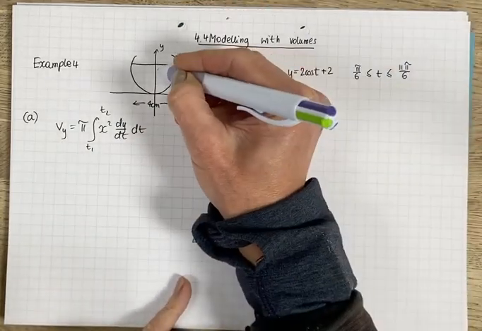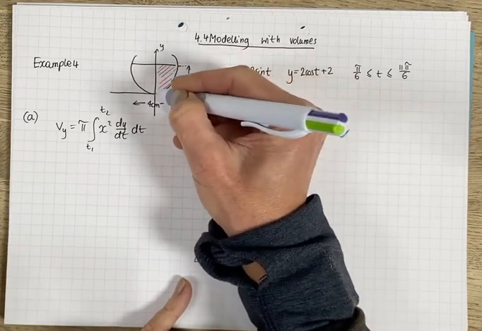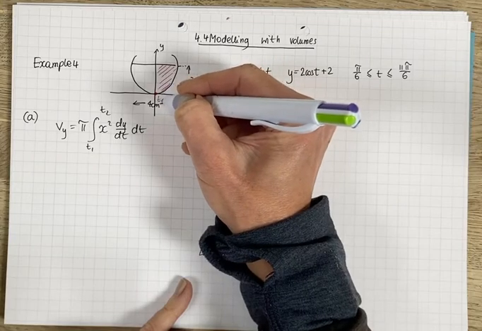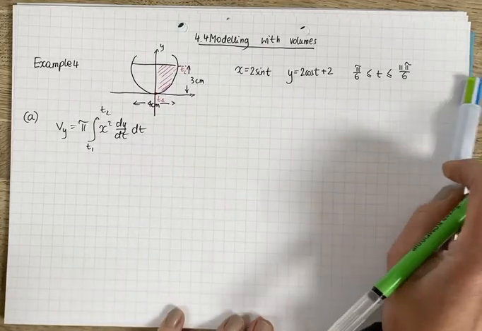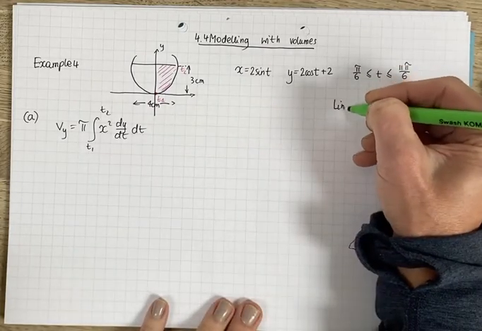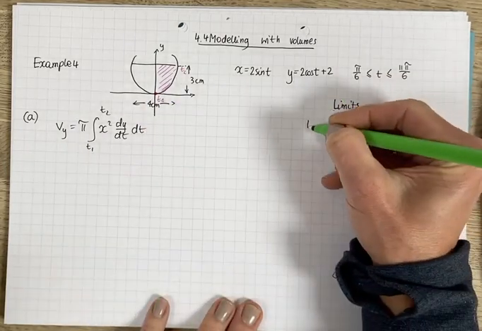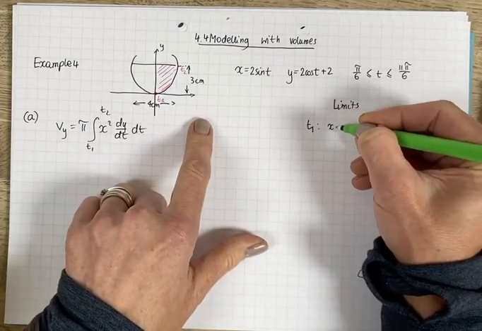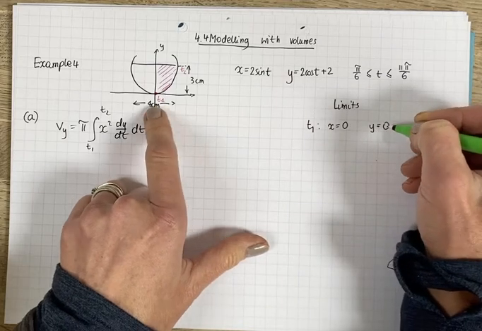So if I pick that side of my curve as the part that's going to be rotated, I need to find what t1 is and t2. So let's go ahead and do that first. So let's find the limits. The bottom limit, t1, is going to be when x is equal to 0 and y is equal to 0 as well.